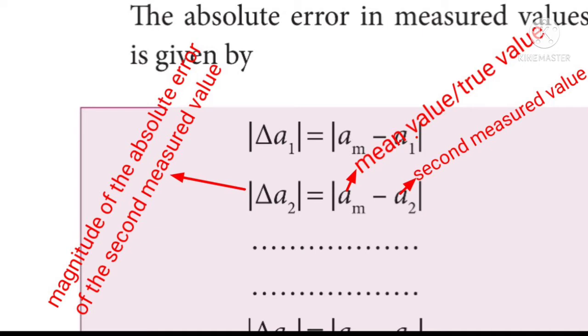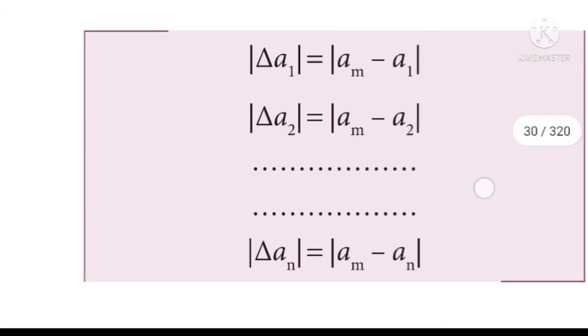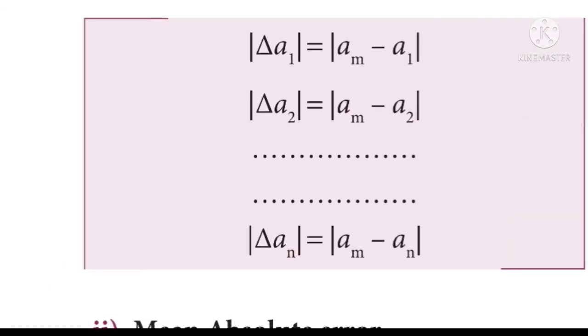The magnitude of the absolute error of the second measured value. Similarly, we can write for the nth value as the absolute error of the nth measured value as mod del An is equal to mod Am minus An.